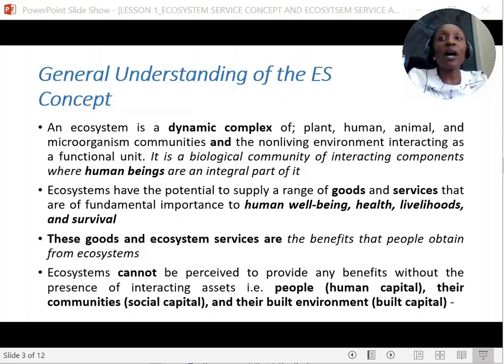The interaction also has to occur with other key assets, like our communities, which we call the social capital, as well as our built environment, which represents the built capital. So in as much as natural ecosystems provide goods and services, the caveat is that those goods and services are considered benefits only if there is the presence of the other assets or capital that I have mentioned, and they are in an interacting situation.